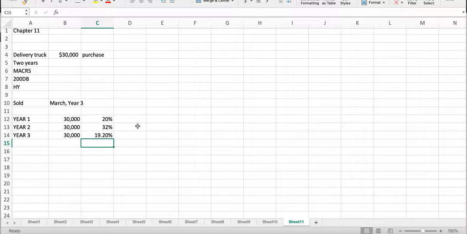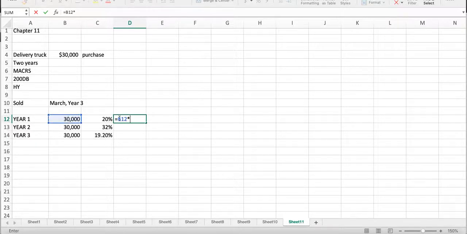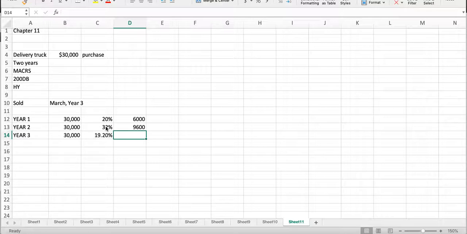And so in year 1, it would be $6,000. In year 2, $9,600. And then in year 3, because we sold it in March, the depreciation rate would be reduced by 50%.